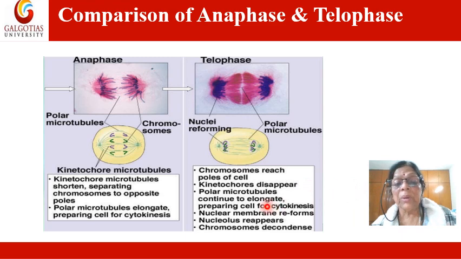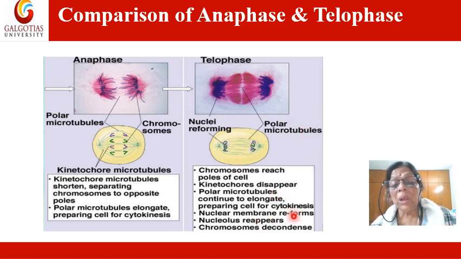Kinetochores disappear. The microtubules which were carrying the chromatids to the two ends have disappeared. Polar microtubules continue to elongate, preparing the cell for cytokinesis. They start elongating and ultimately separating into two.